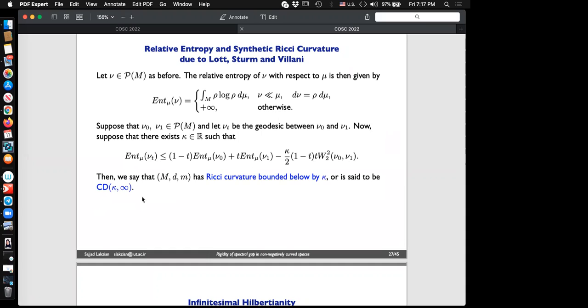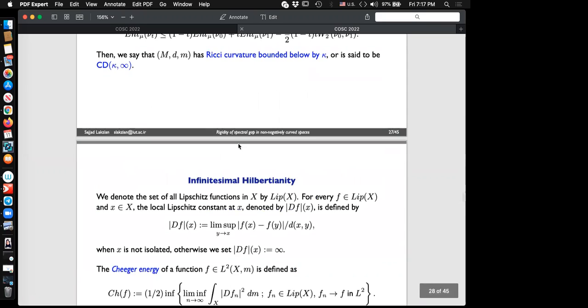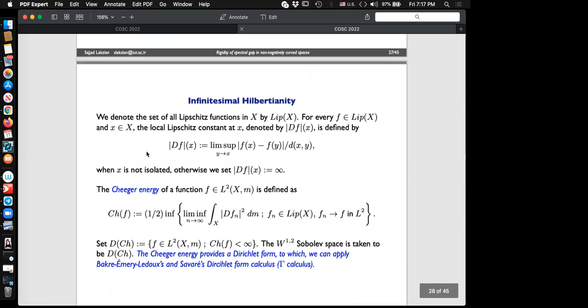And that's because these spaces also basically contain Finsler spaces. So whatever doesn't hold for Finsler spaces, you cannot prove for CD(K,infinity) spaces. So basically you have to impose a condition exactly for that reason, to just exclude Finsler spaces.